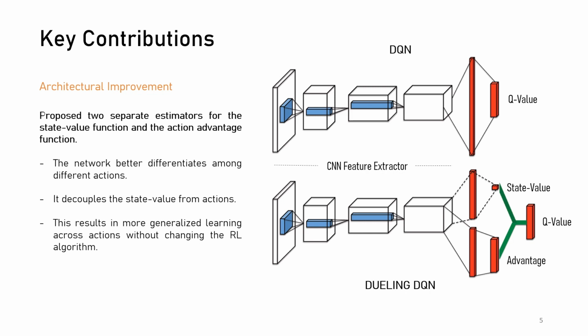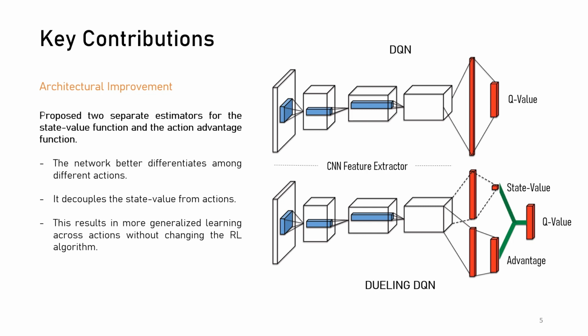Afterward, the features are split into 2 separate streams representing the value and advantage functions. The value stream has a single output neuron, whereas the advantage stream has the same number of neurons as the actions. The advantage values denote the advantage of choosing a particular action over the others.